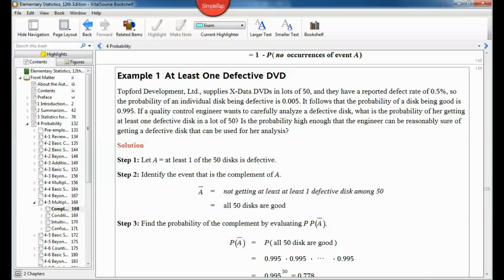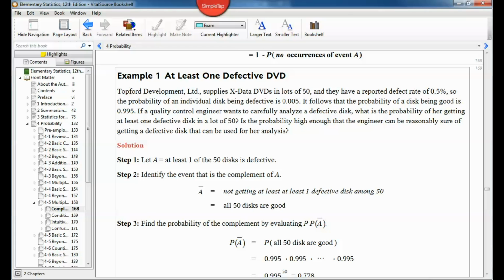That's because if you say 1 minus 0.005, you get 0.995. If a quality control engineer wants to carefully analyze a defective disk, what is the probability of getting at least one defective disk in a lot of 50? Is the probability high enough that the engineer can be reasonably sure of getting a defective disk that can be used for her analysis?